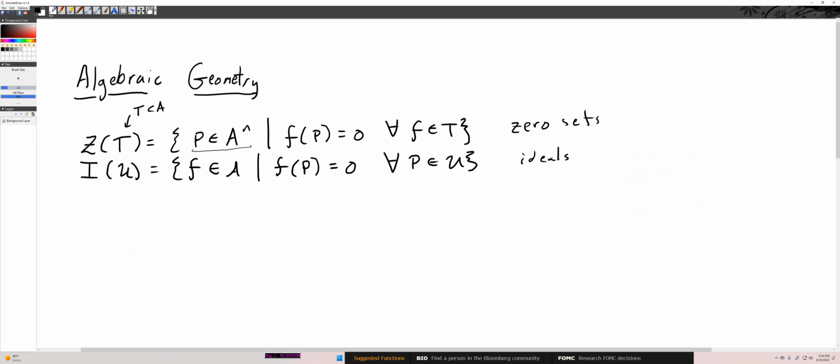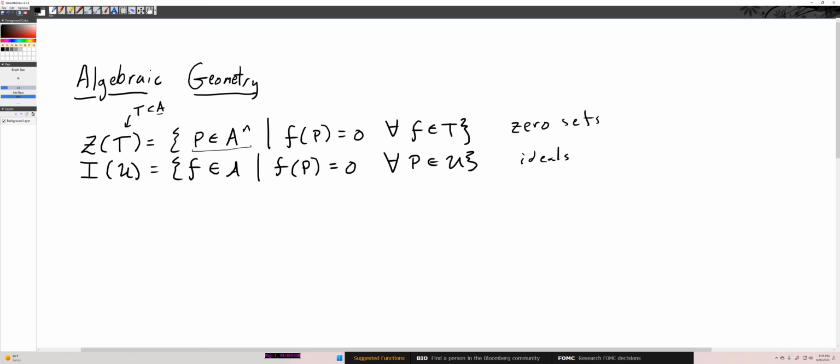So just to recap, Z of T takes chunks of functions in the ring. Remember, the ring A has all the polynomials, and it associates with that chunk of functions T a set of points in the affine space, and the association is just where all of those functions are zero.